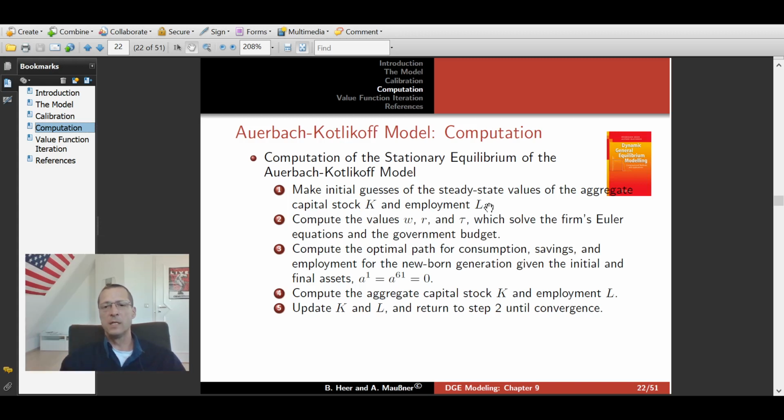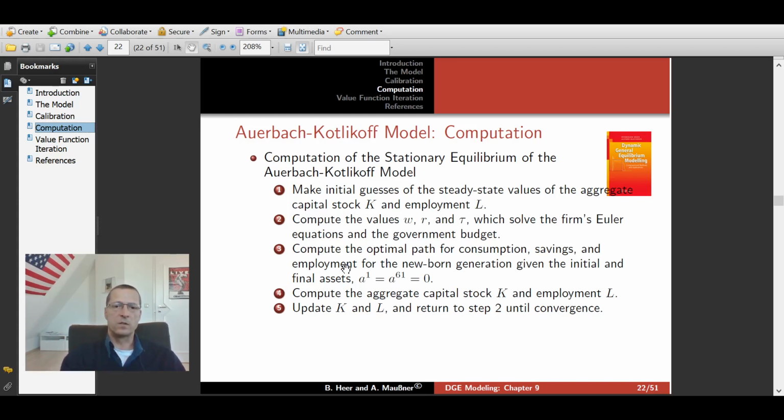And we have found that employment is approximately equal to 0.2 and the capital stock is approximately equal to 1. Then we can compute the wage, the interest rate, and the social security tax, tau. And we now do step 3 and compute the optimal path for consumption, savings, and employment, the optimal policy functions.